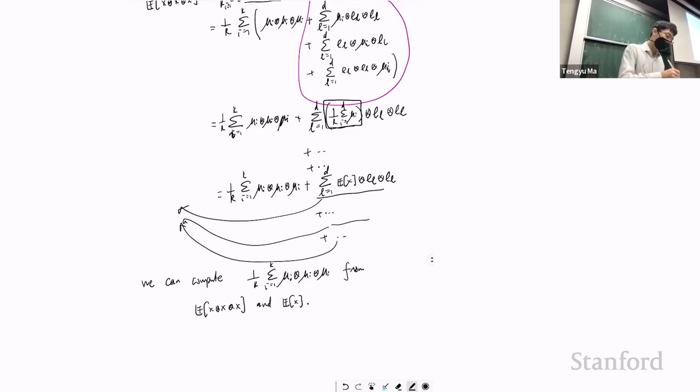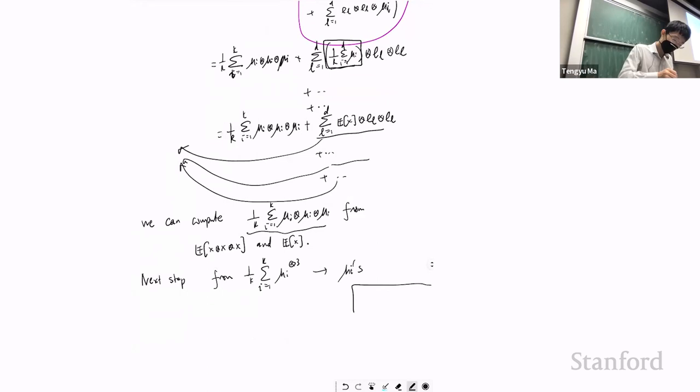Once you have this tensor, the next step will be, so we'll go from here. From this thing, let me write this. I think I should have introduced this to mu i's.